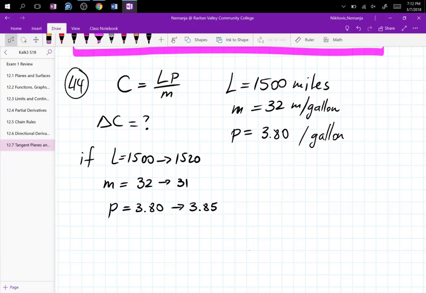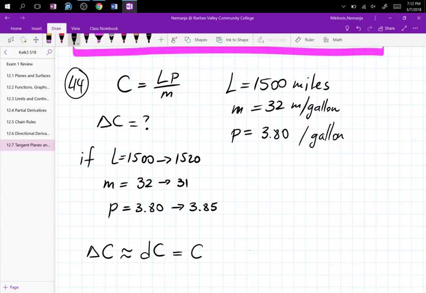Cost depends on 3 variables: length of the trip, price of the gas, and gas mileage of the car. So this means that the change in cost will be approximated with the differential dC, which is equal to, and now I need the differential for this.